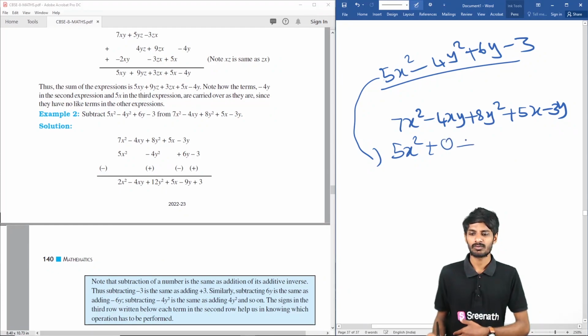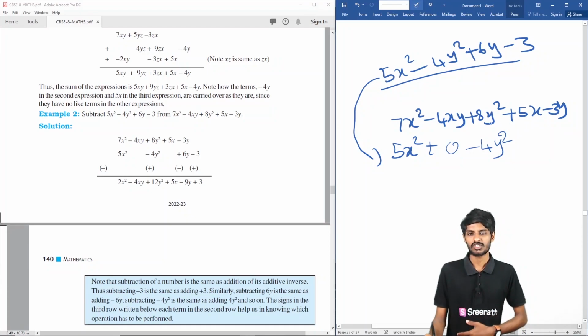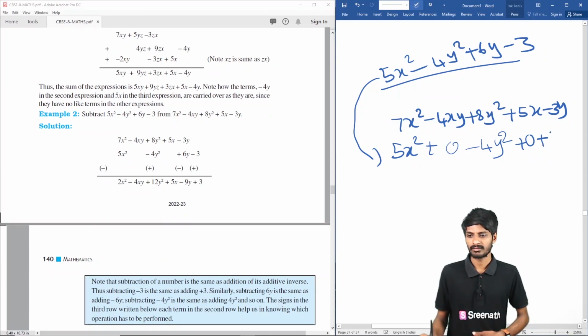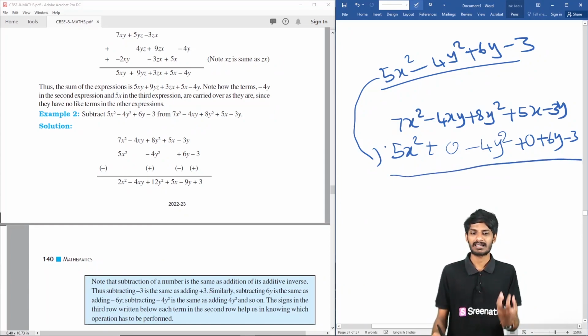So simply 0. What is the like term for 8y square in this expression? There is minus 4y square. And what is the like term for 5x? There is none, so it is 0. Then what is the like term for 3y? Yes, there is 6y. And there is an extra constant term. So what we have to do is subtraction.